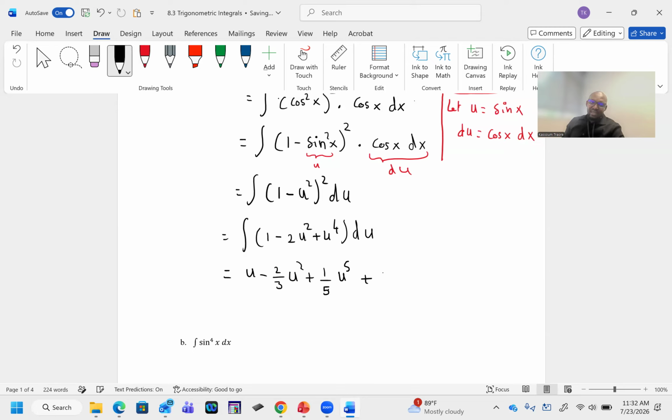And then what is our u? Sine x. So we substitute sine x at the end.